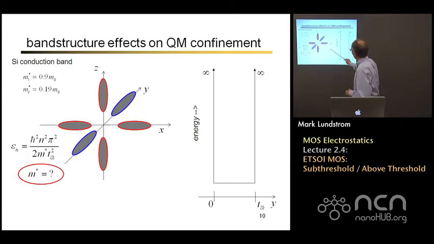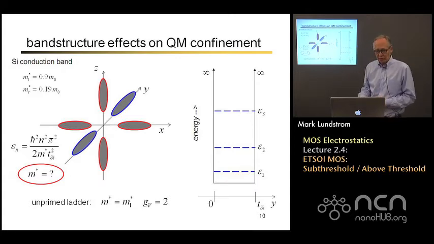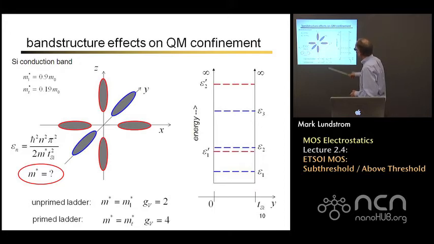Well, the one you use depends on the direction. If the direction of confinement is in the y direction, then the electrons will respond with the longitudinal effective mass, and I'll have a set of energy levels corresponding to those 2 blue ellipsoids. But I've got 4 other ellipsoids, and they have an effective mass in the y direction that's the lighter transverse effective mass. So I would use a lighter mass.